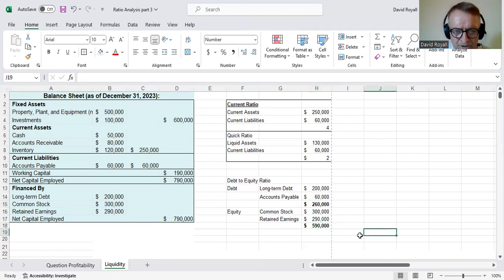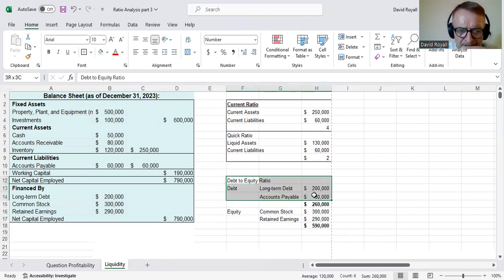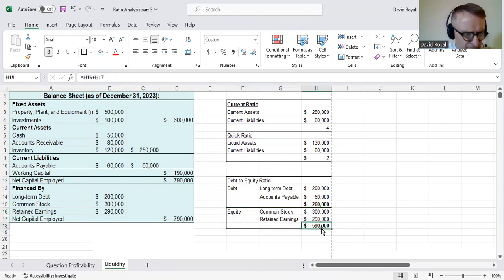So what I want to know is, just looking at those figures, we can see that the amount of money in the business, this is why I wanted to keep this separate and out of the way. We can see that the owners own 590 of this business.